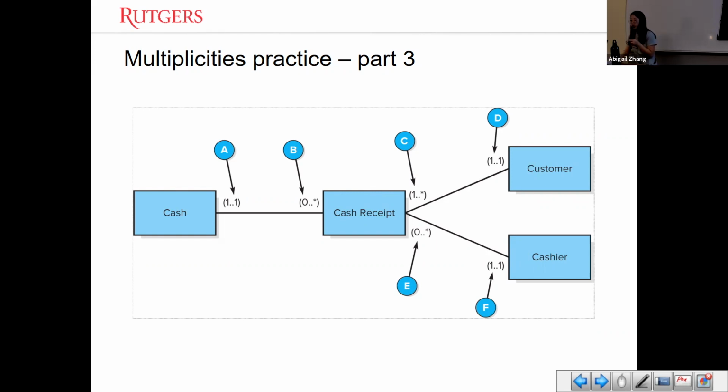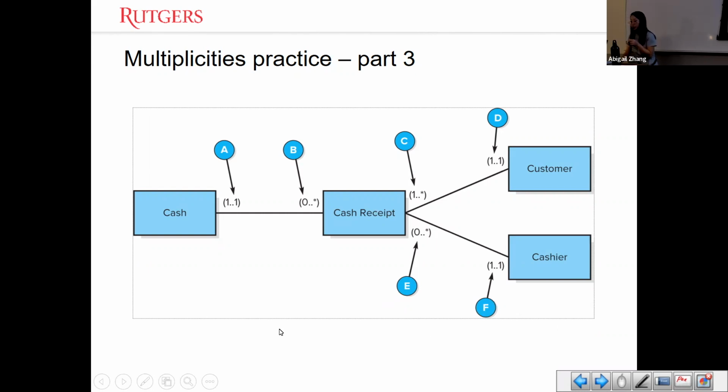D, each cash receipt or each check is written by only 1 customer. E, each cashier can process 0 or multiple checks or cash receipts. That's good. F, each cash receipt is processed by only 1 cashier.